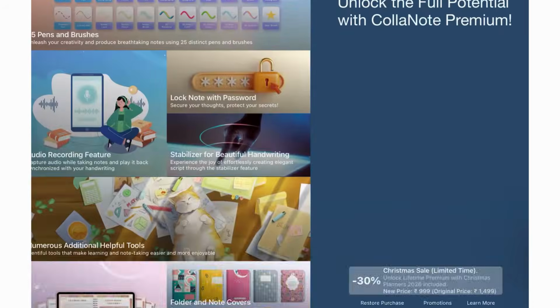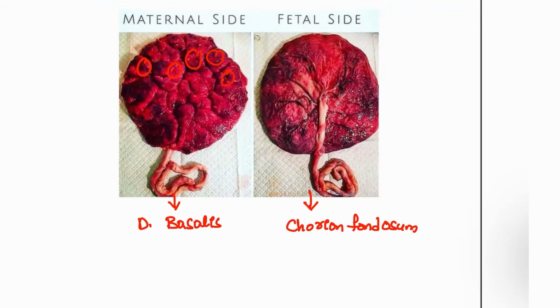The cotyledons and thick blood, reddish brown color, are seen on the decidua basalis because it is attached to the uterus. The chorion frondosum is shiny and gray, with the vessels, and in the mid circular region the umbilical cord is attached. That is how to identify the fetal side.